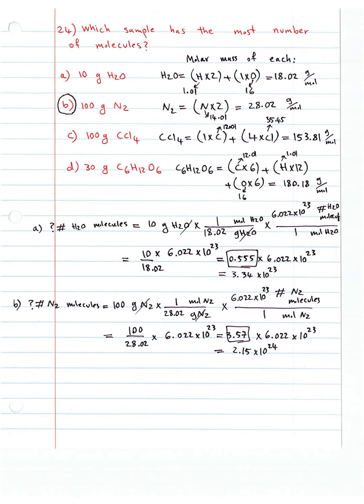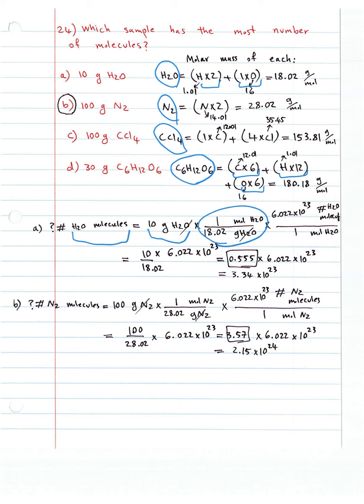Which sample has the most number of molecules? First, calculate formula mass for each of these, and you know how to do this, right? 2 hydrogen, 1 oxygen, 6 carbon, 12 hydrogen, 6 oxygen, and so on and so forth. Then you say how many hydrogen molecules equals 10 gram of hydrogen. With molar mass, you convert to mole. With Avogadro's number, convert to number of molecules.